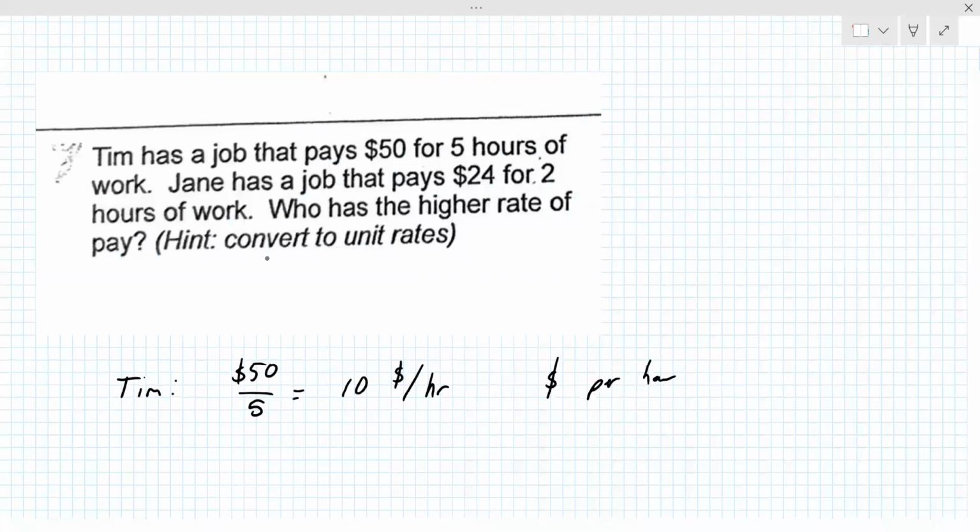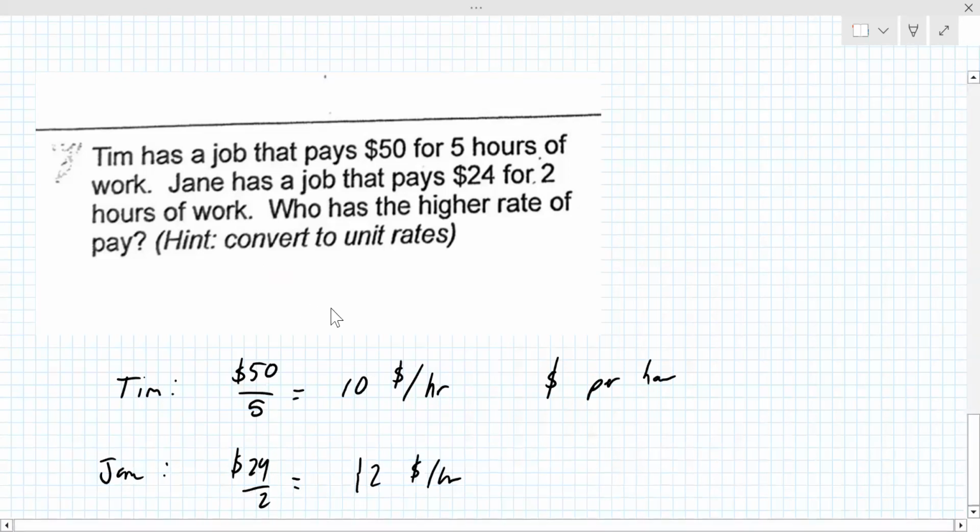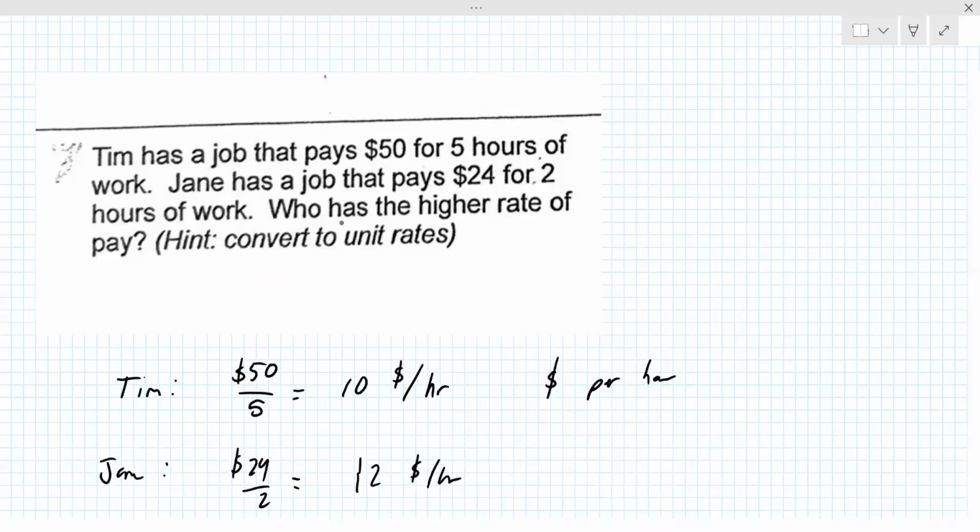Got to show your work here. And then Jane, it's $24 for 2 hours. That's $12 per hour. So which job would you rather have? Jane's. Yes. Okay. So that's the higher rate of pay.